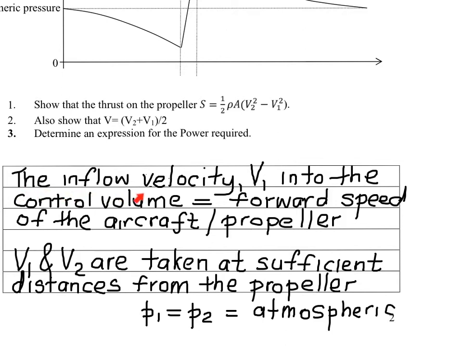The inflow velocity V1 into the control volume is equal to the forward speed of the aircraft or the propeller. Next, V1 and V2 are taken at sufficient distances from the propeller so that P1 and P2 are atmospheric pressure.